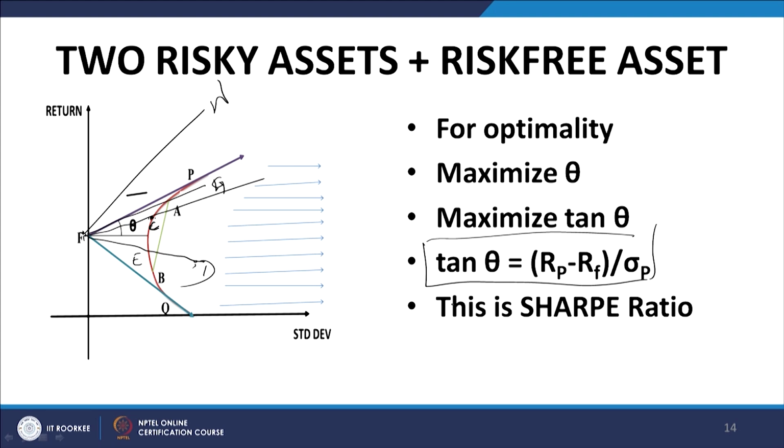Now, let us extend this framework a little bit. Let us now talk about 3 securities. We have talked about 2 risky assets plus a risk free asset, and we have arrived at the conclusion that our requirement for optimality is to maximize the Sharpe ratio, where the Sharpe ratio is given by this expression.